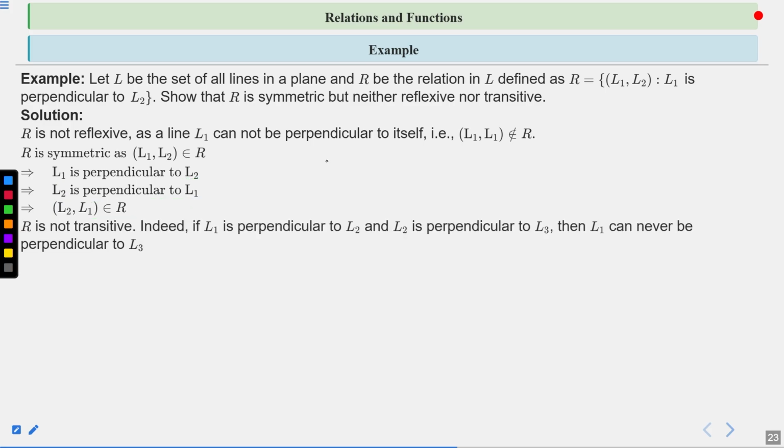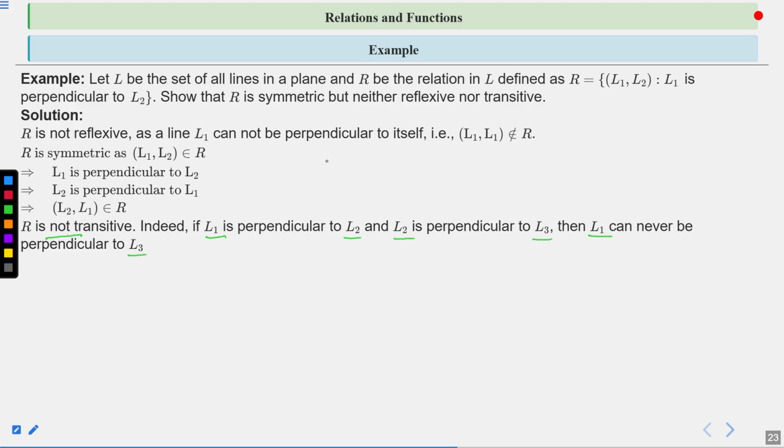Now what about transitivity? Very simple. R is not transitive. Why? Let's see. As I have said, always start transitivity with two pairs, L1 comma L2 and L2 comma L3. If both belong to the relation R, meaning L1 is perpendicular to L2 and L2 is perpendicular to L3, then L1 can never be perpendicular to L3.